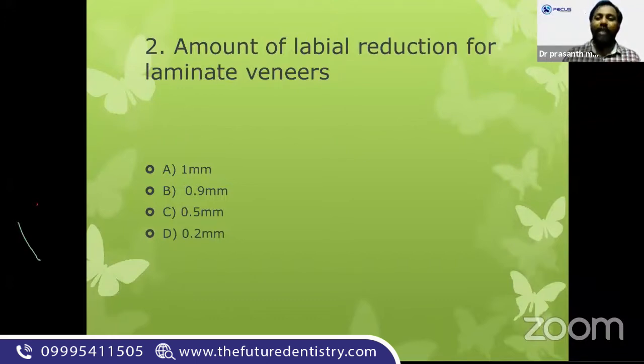The option which remains close to the answer, that is the answer. That is the protocol we follow in our competitive exams. Even if you don't get the perfect answer, the answer which is closest to the perfect answer is the answer. So here, option C, which says 0.5 mm, is more appropriate.